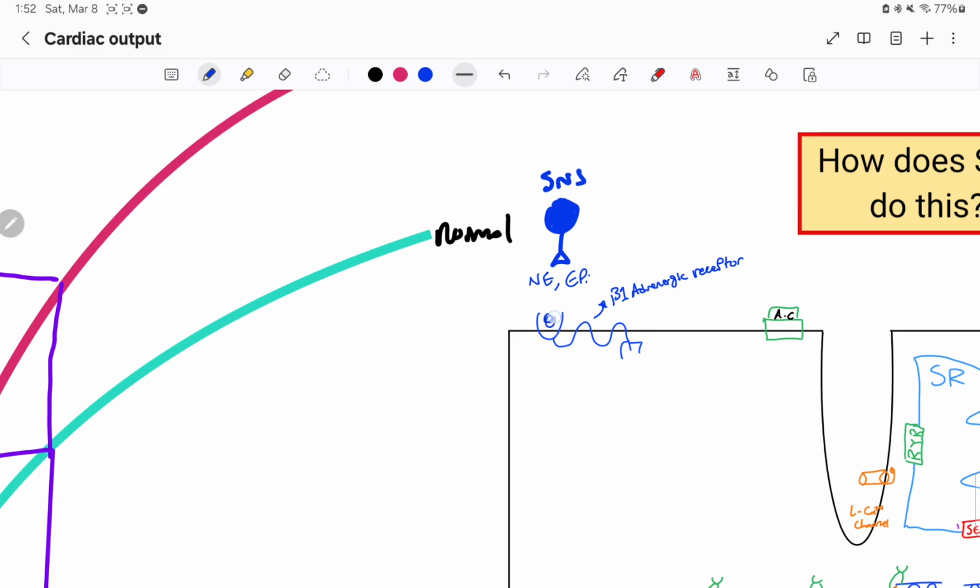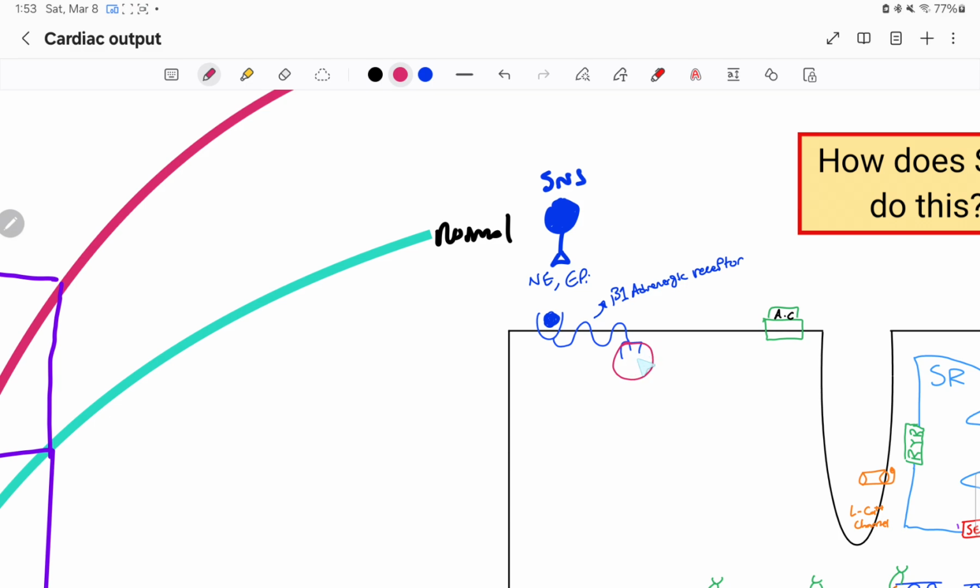And when the norepinephrine and epinephrine, either or, not both, bind to this beta-1 adrenergic receptor, they're going to activate something that is bound to the intracellular side of this actual beta-1 receptor. This beta-1 receptor, by the way, you can sometimes call it a G protein coupled receptor, and you'll see why in just a second.